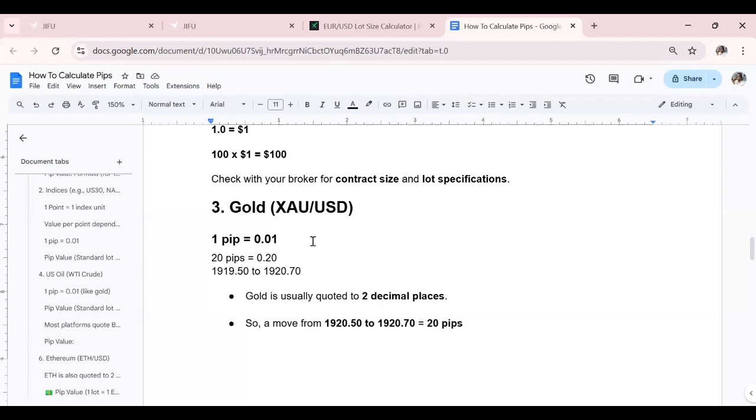It has moved 120 pips. So it's as simple as that.